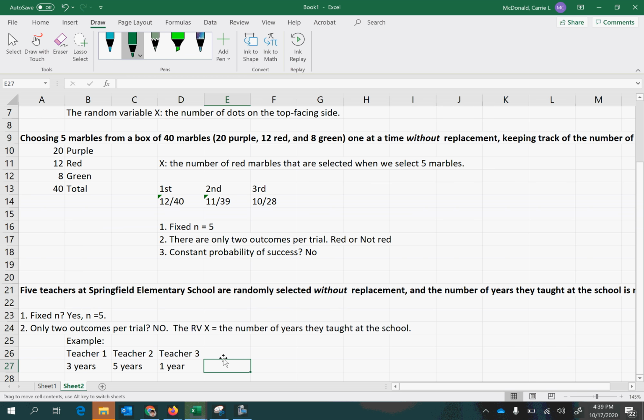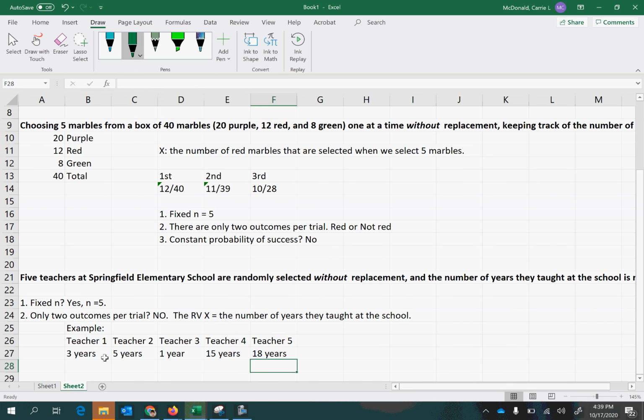Then maybe another couple of teachers had been there a long time. And so we had one like 15 years and maybe 18 years. So as you can see already, I have come up with 5 different possible answers that these teachers could give. So it's definitely not binomial because there are more than 2 outcomes per trial.